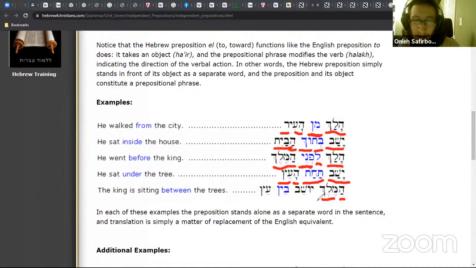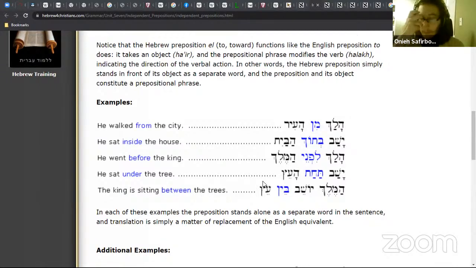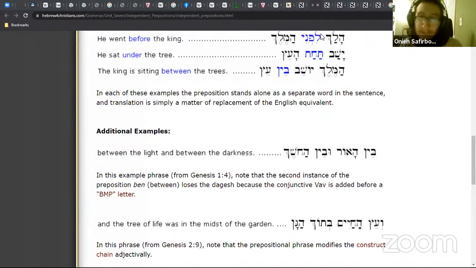The king dwelt, here's the word for between, bet yod nun, between the wood, or between wood. In Genesis, God distinguished between the light and between the darkness.